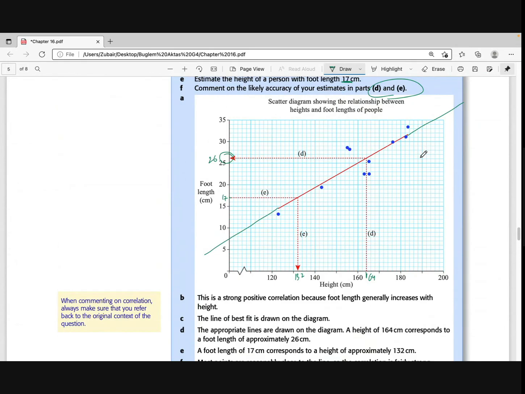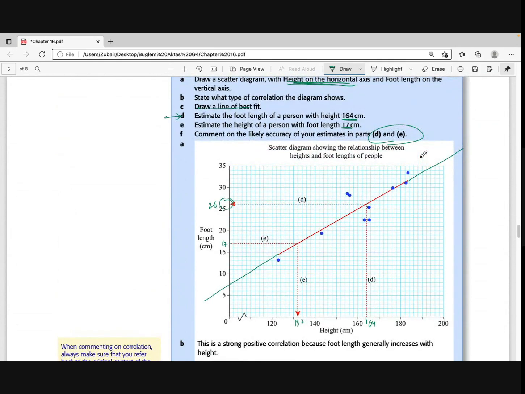Examiner may say, just like he did in this F part, we can always say the data is unreliable. We can always say the sample size is small. But whatever they are asking us to do, we are looking at the points we need to score.